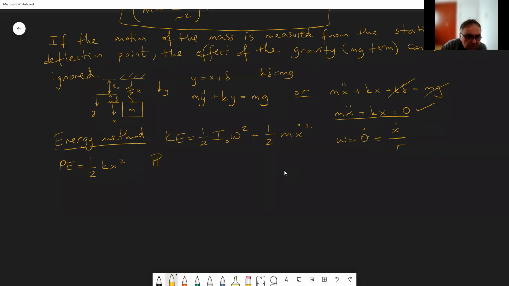And the input power is F times the velocity, which is F times x dot. So the total energy is 1 over 2 kinetic plus potential, I_O omega squared, where omega is x dot over r.